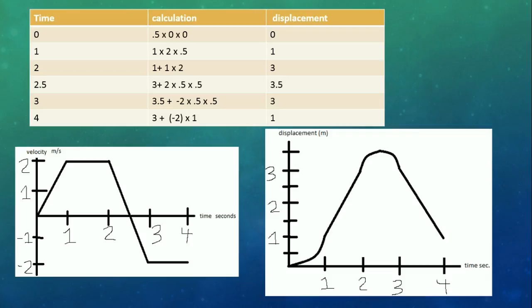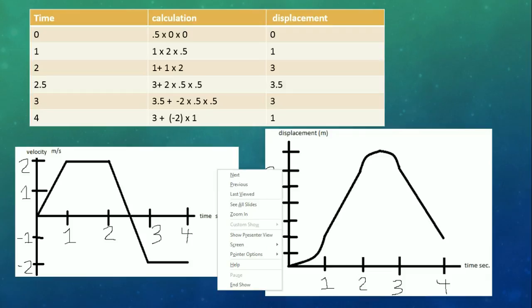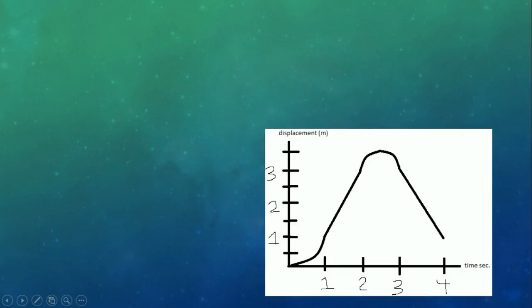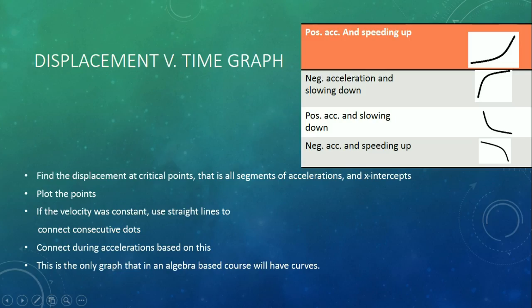So if we go back to this little chart here, positive acceleration and speeding up, so it's speeding up in the positive direction, it's going to look somewhat like this, because it's going faster, faster, more displacement.